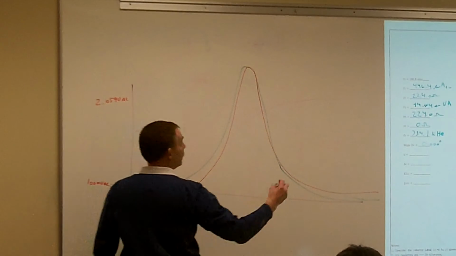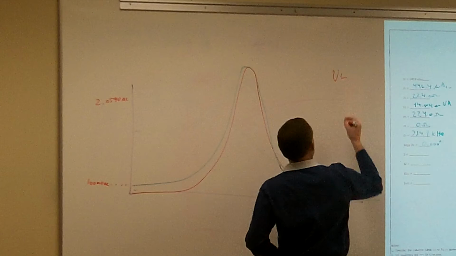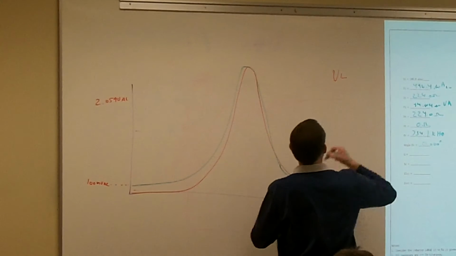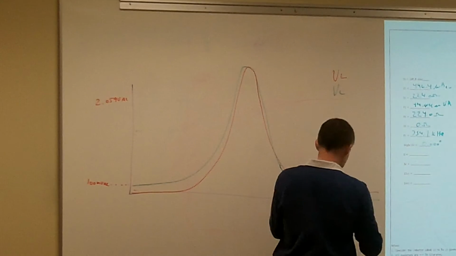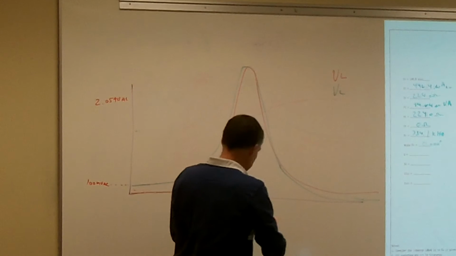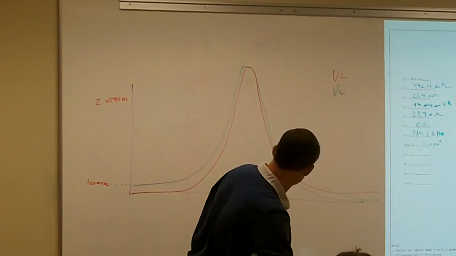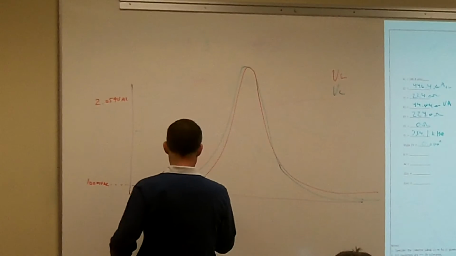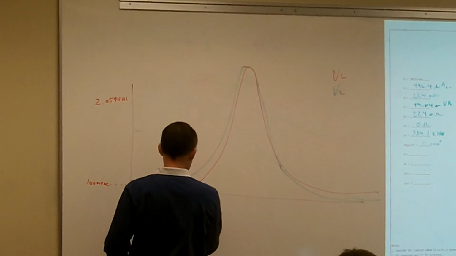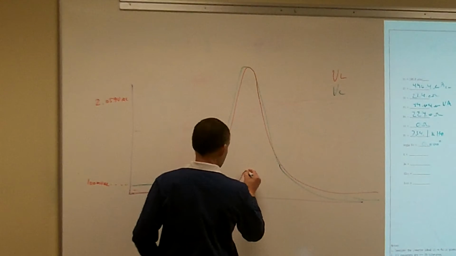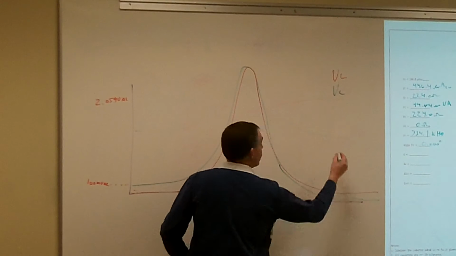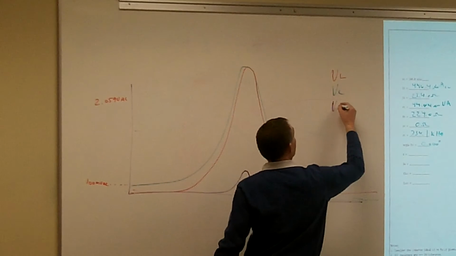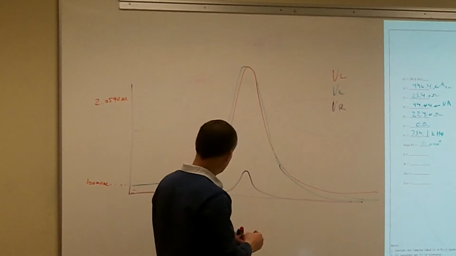So we'll say red is VL and my green is VC, and then purple is VR.